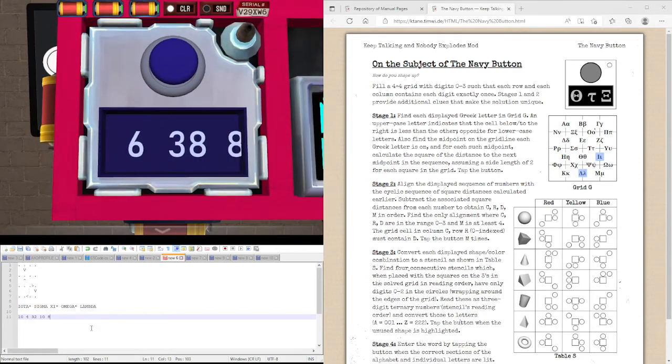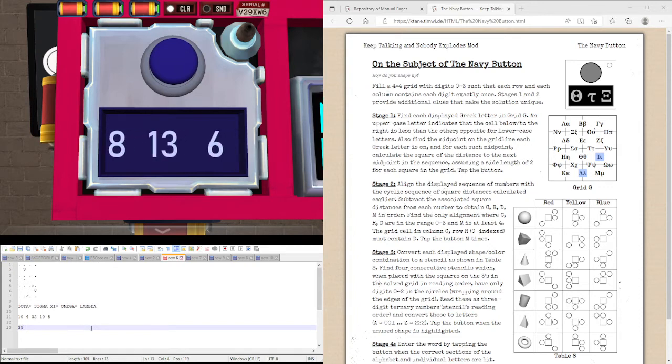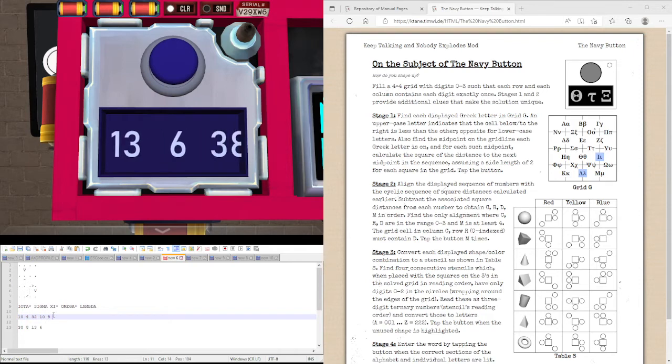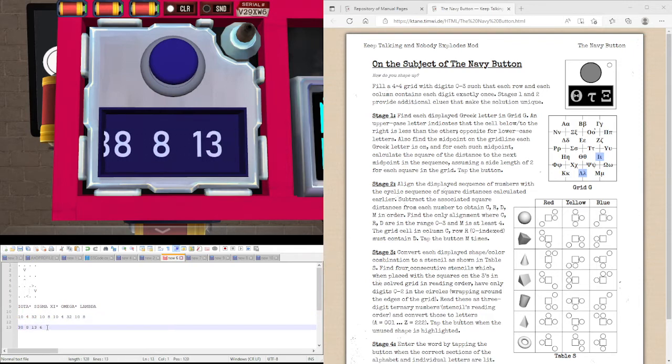We now have a string of numbers here. We have 38, 8, 13, and 6. 38, 8, 13, 6. I'm going to double up these current numbers, and we're going to find a sequence where the first 3 numbers are 0 to 3, and the last one is just anything.